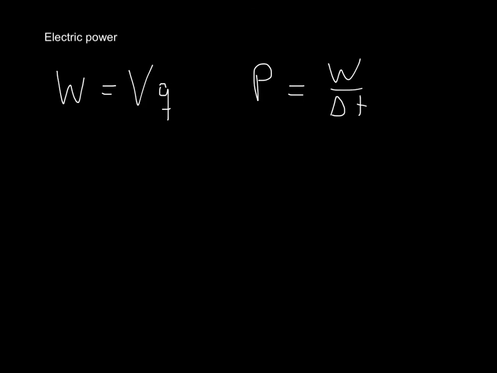Now, we've seen before that the work done by an electric field is the potential times the charge. That's just the definition of potential, remember? Now, we also know that the power that an engine delivers is the work per unit time. And what we can do is combine these two equations to find the power dissipated by a resistance.